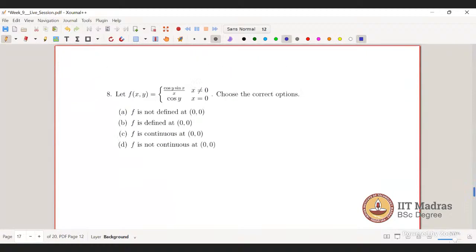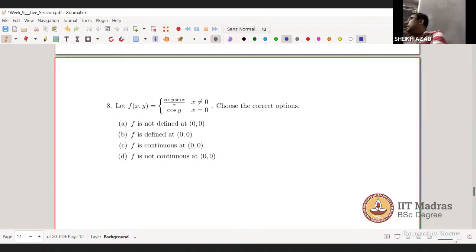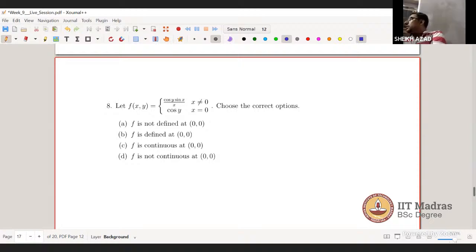Okay, how can you solve this question now? We will do cos y. The limit as (x, y) goes to 0 of cos y is defined, and the limit of sin x by x is defined.